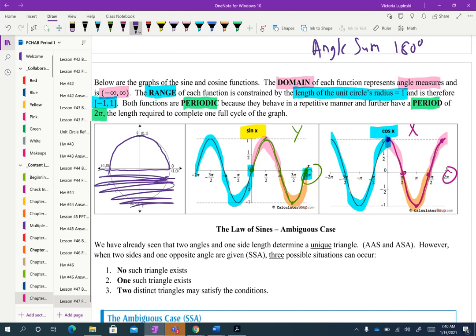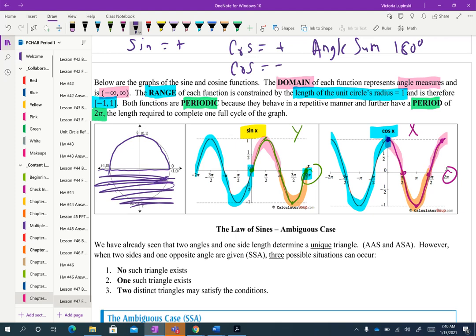There are two different circumstances that can happen. If you're solving using the law of sines, you can get that the sine equals a positive, and that's it. If you think about the cosine, you can get the cosine equals a positive, or you can get the cosine equals a negative. And here's why.